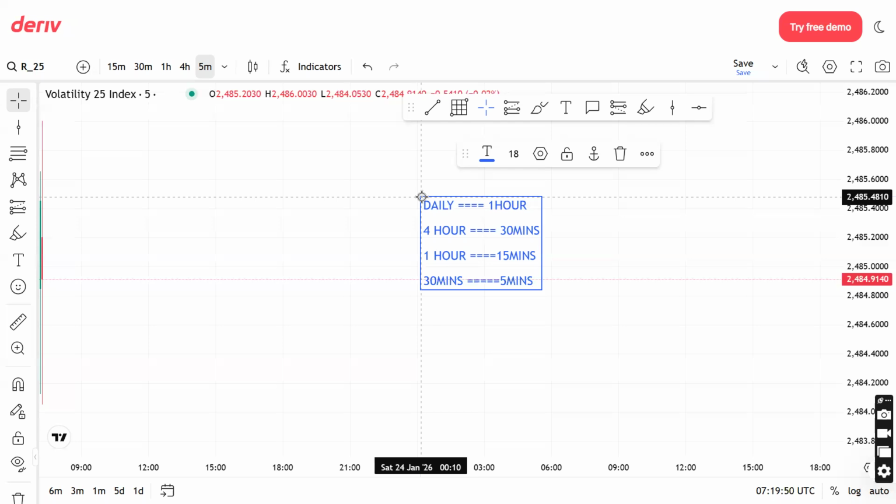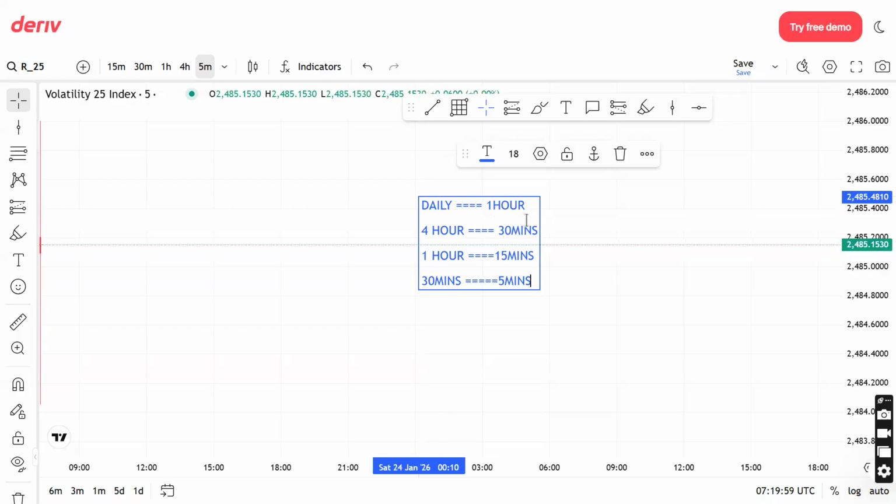By time frame alignment, if the daily is buying, the 1 hour should be buying. If the 4 hour is buying, the 30 minutes should be buying. If the 4 hour is selling, the 30 minutes should be selling. If the 1 hour is selling, the 15 minutes should be selling. If the 30 minutes is selling or buying, the 5 minutes should be what? Selling or buying. This is very important.